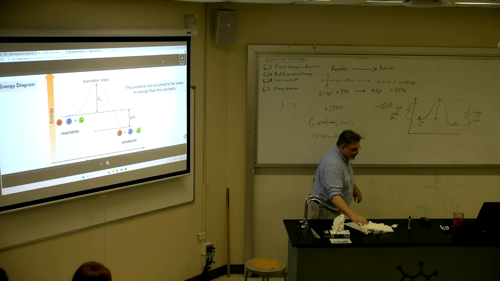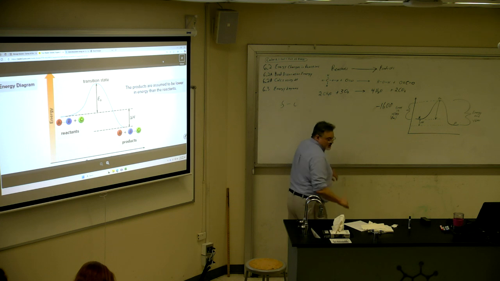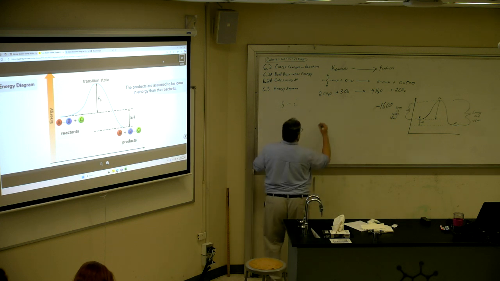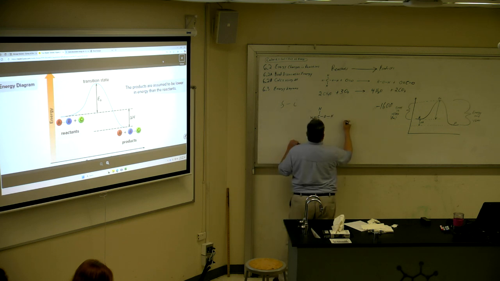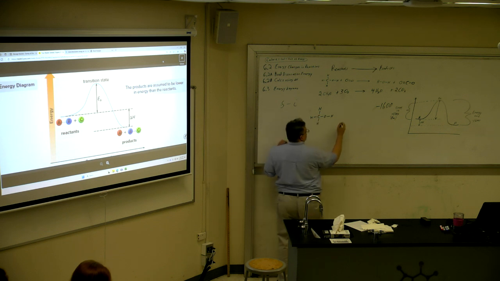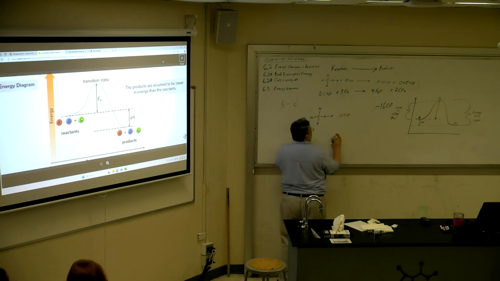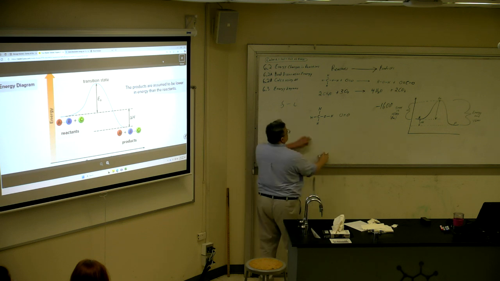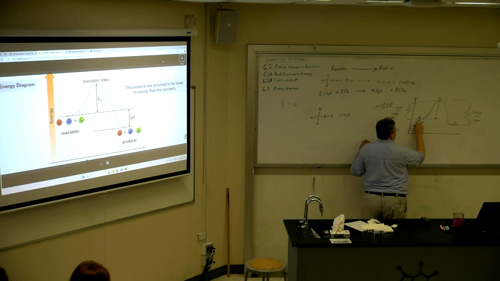This can't be taken too literally. But here's what I would say, in some sense, is the transition state for this reaction. Pretend there's two of those there, just so I don't have to draw all of these. There's the two reactants, and pretend there's 3 of those and 2 of those, like I had before. Sitting there like that, we're here on the energy scale.